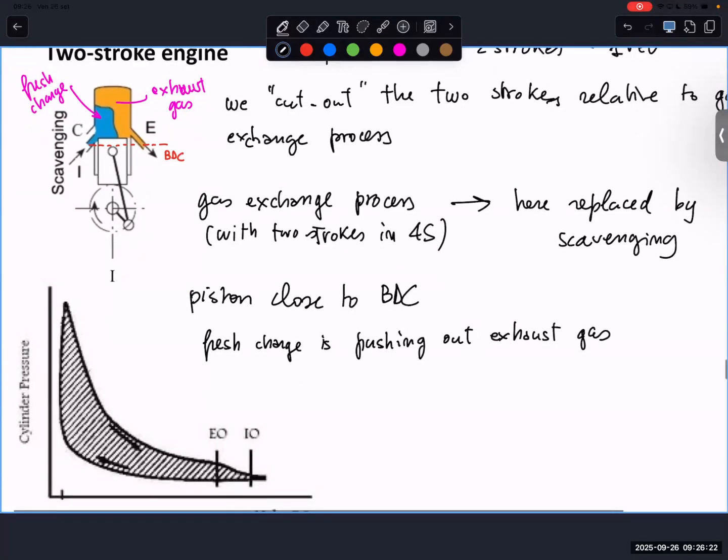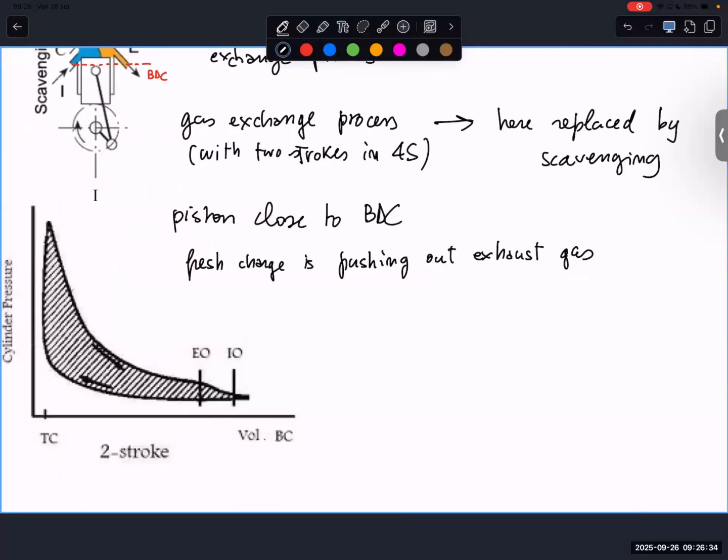This is the phase of scavenging. Here the identification of the points is even more difficult. Anyway, as we have a two-stroke, there is no crossing of lines, so we go from TDC to BDC, and after from BDC to BDC, so there is just one point. The arrows maybe are not so visible, but scavenging is occurring here.